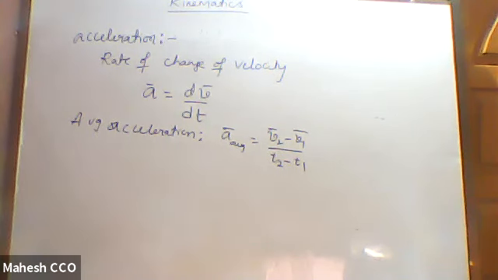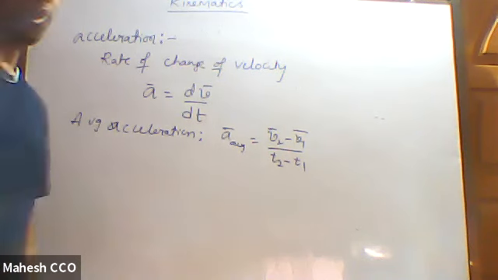Hereafter, we will be looking at the applications of these things, maybe in the form of some few problems or some kind of equations that we write hereafter. So we have just noted the definitions of all the variables that describe motion, like position, distance, displacement, speed, velocity, and acceleration.